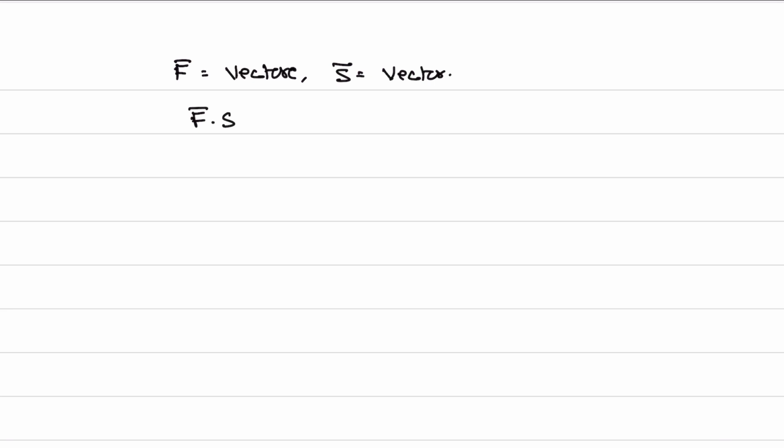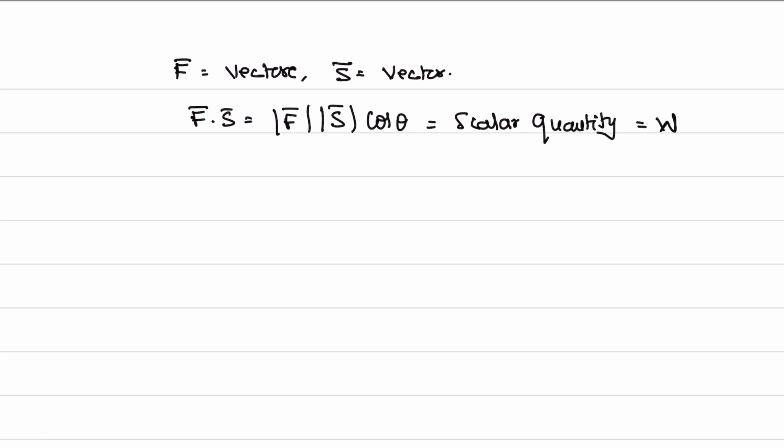F dot S is equal to F S cos theta, which is a scalar quantity. But F dot S is nothing but work done, work or energy.